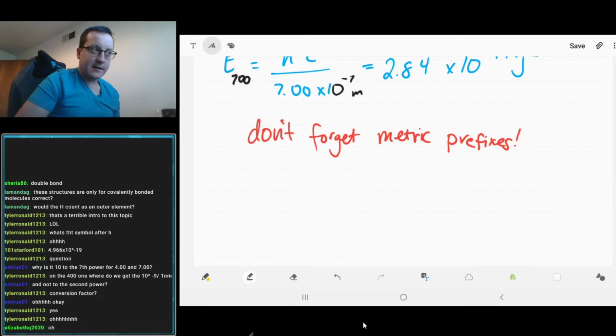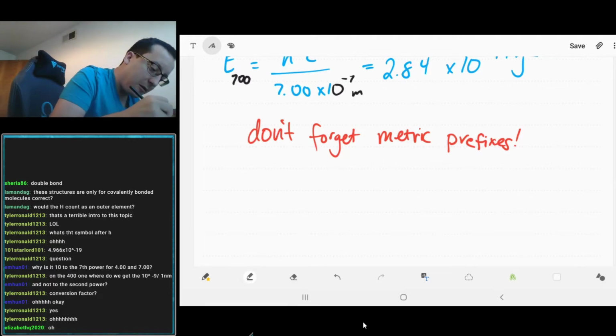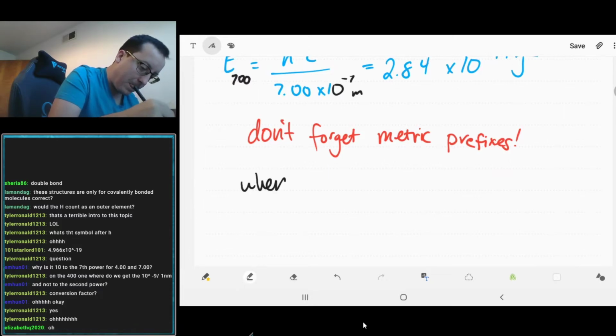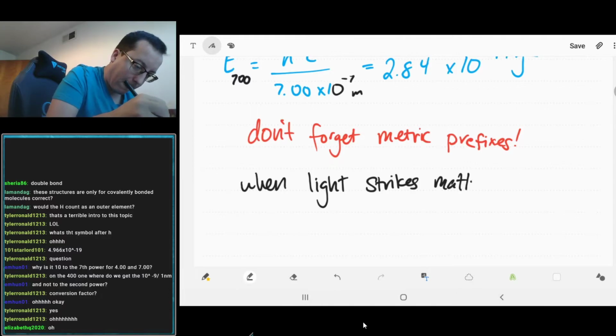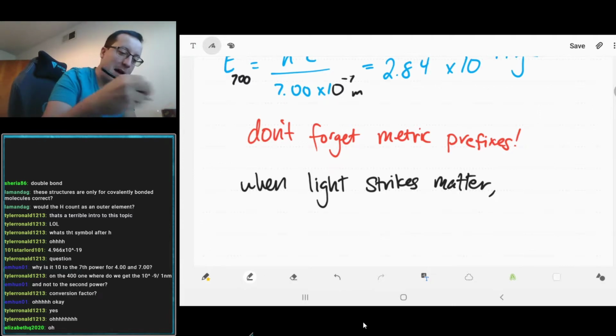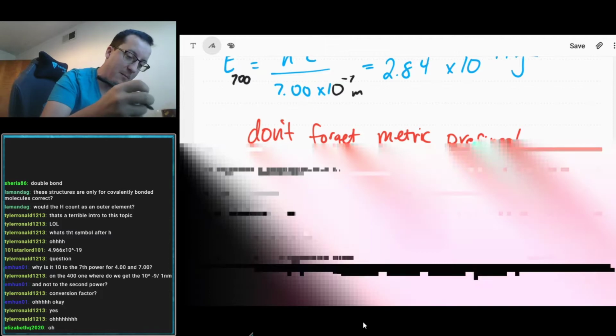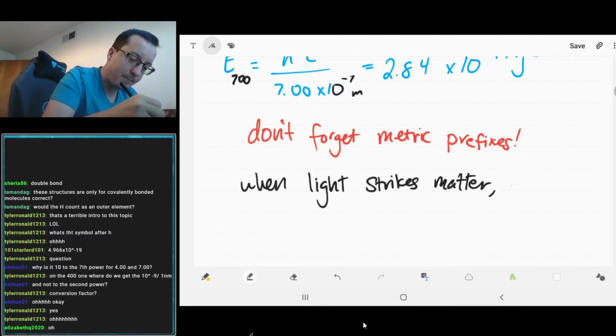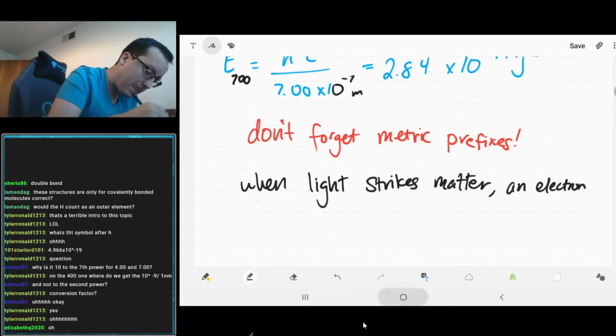So, what else should we go to? Oh, yes. We're going to see that sometimes when light strikes matter, as in a photon comes and hits the matter, an electron can be emitted.